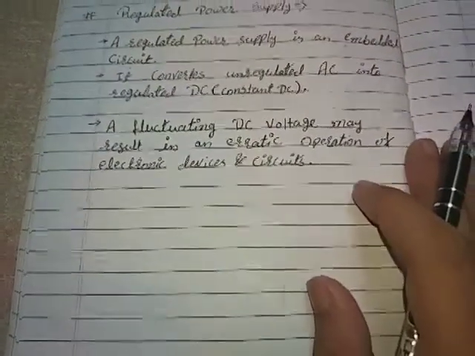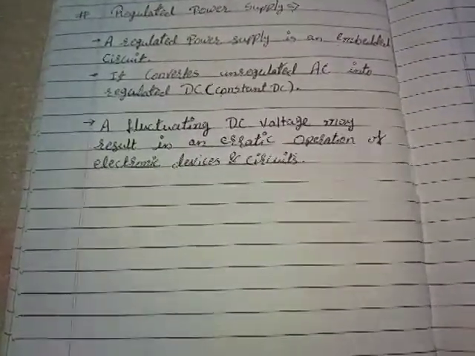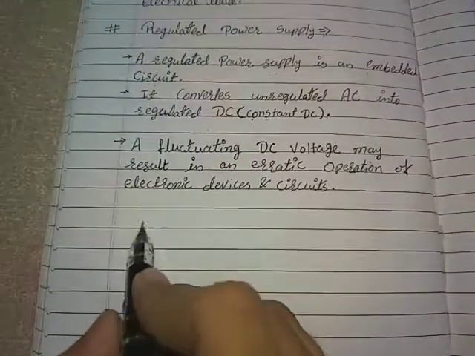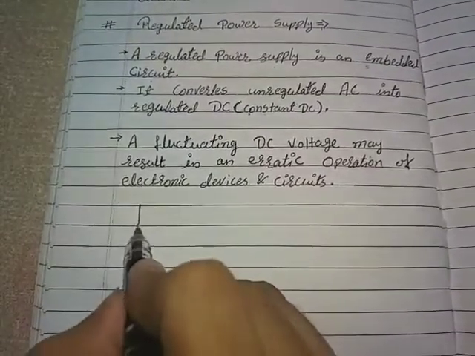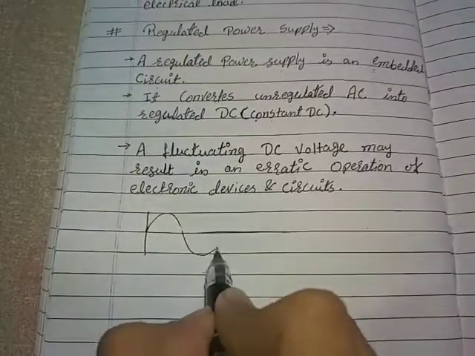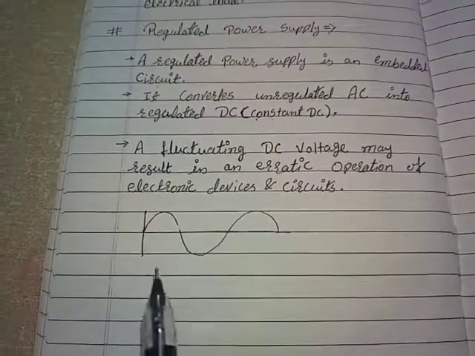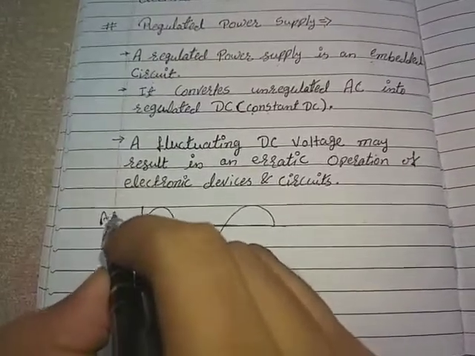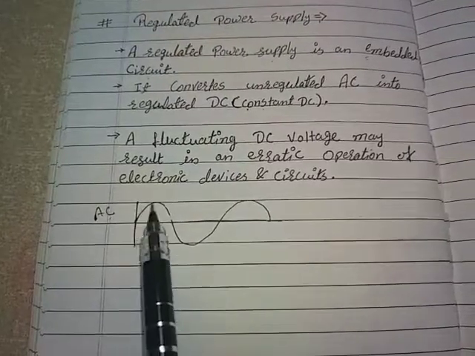We all know that AC, or alternating current, is just like a sinusoidal wave. Here we go. If I draw the waveform of AC, it will be like this. This AC waveform is the ideal case.